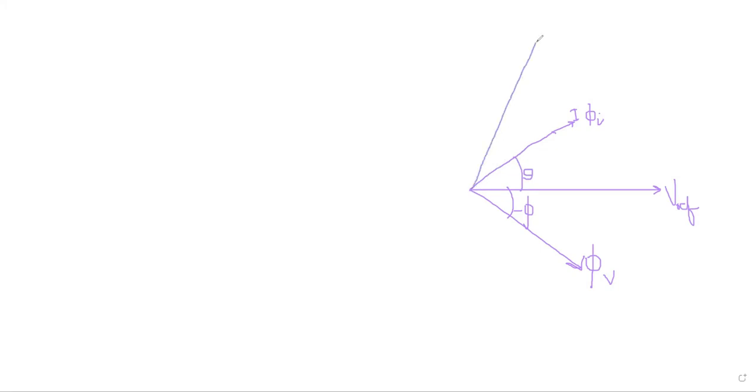So this is the maximum torque line, which is 90 degrees plus theta. So it would be tau. So the maximum torque line would be theta minus this here. And we have a zero torque line. This is the zero torque line, and this is the operation of my relay.